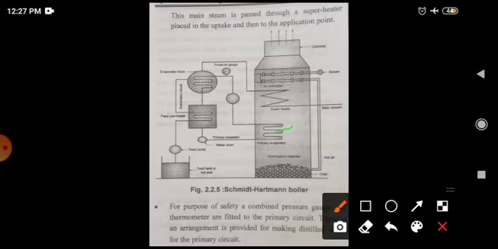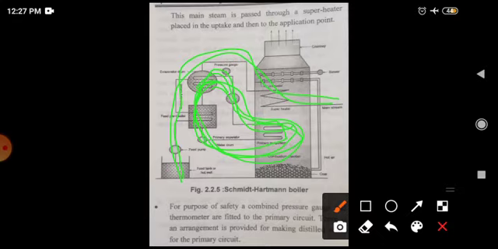This is the first circuit, because the water in this circuit is just recycling. It is not exhausted like this other cycle. The water from this one is exhausted as steam, but the water from the first cycle is reutilized. Why?